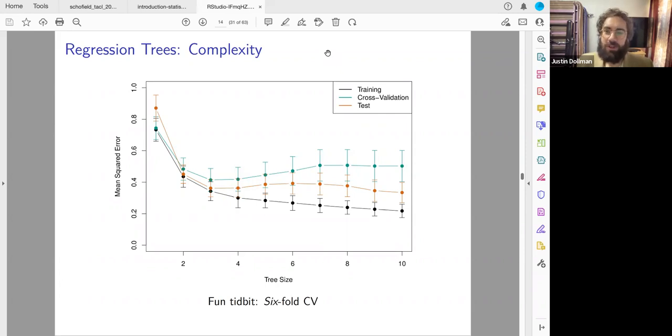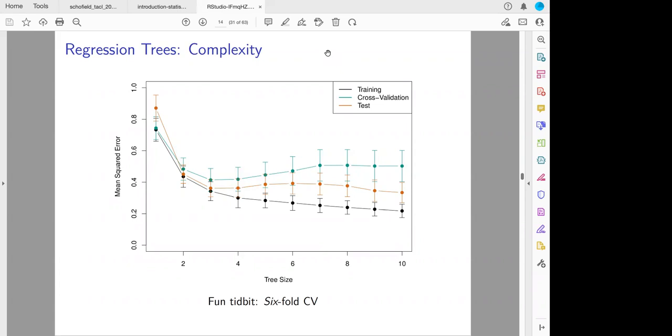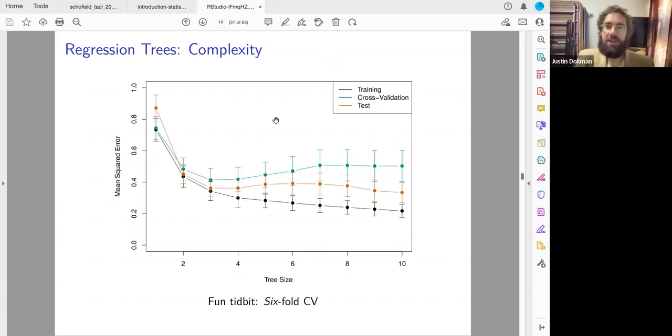So I guess I just want to know if that intuition plays out at all in this graph, in this plot. Here the 3 lines are the mean squared errors.